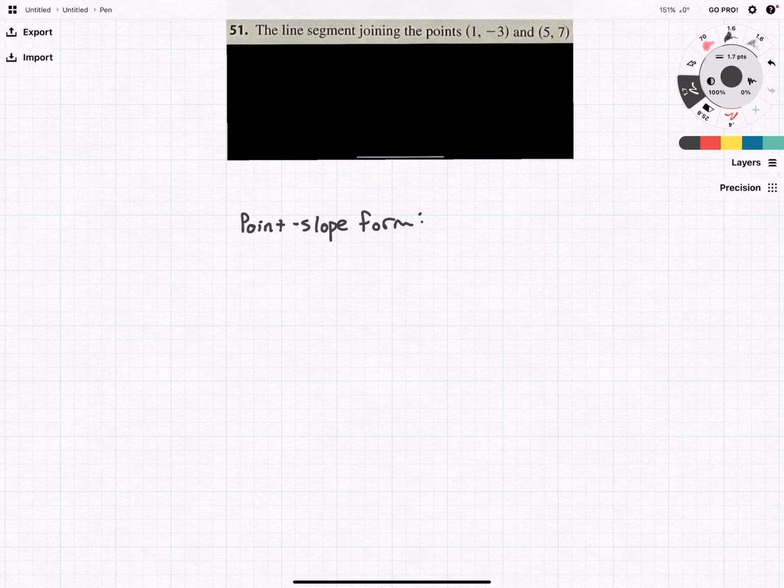And what you usually use it for is to try to find the slope. So in this case, we're given 2 points, (1, -3) and (5, 7). And point-slope form follows pretty much like this. You have y2 minus y1 equals m, where m is your slope, times x2 minus x1.